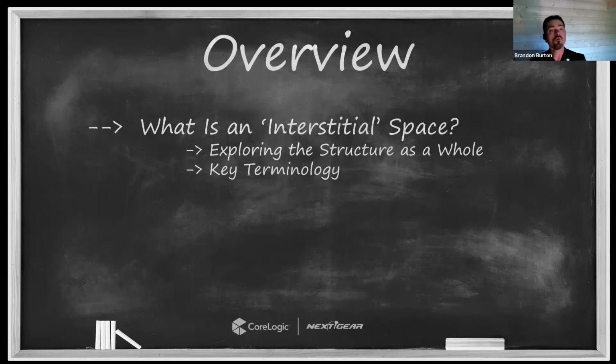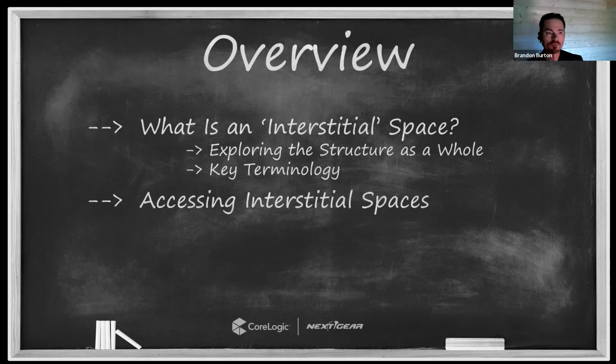To get to that point, we need to understand some terms. As with many of our Technically Speaking series, terminology to me is a really important thing in a technical industry like this. So I want to make sure we understand exactly what we mean by interstitial. We're also going to talk a little bit about accessing interstitial spaces. There are definitely some options for the way that we can get into these spaces, not only for inspection and monitoring purposes, but also for drying.